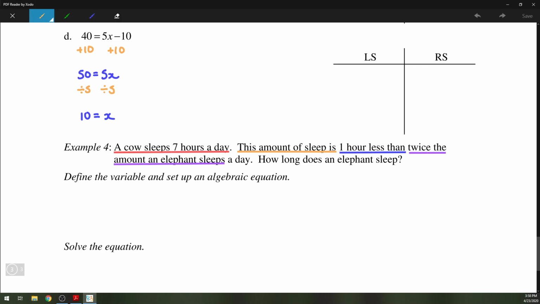So to set up this question and to define the variable, the first thing, we can let E be the amount of sleep for an elephant.